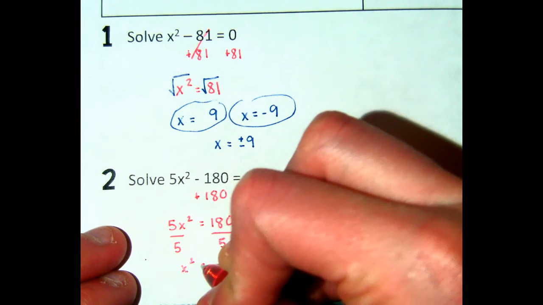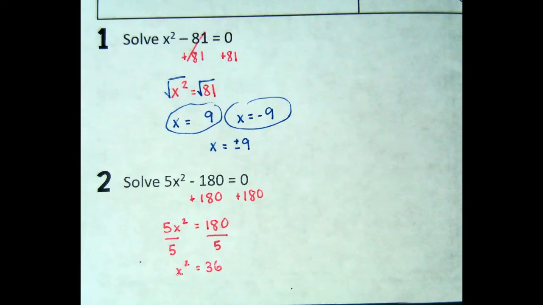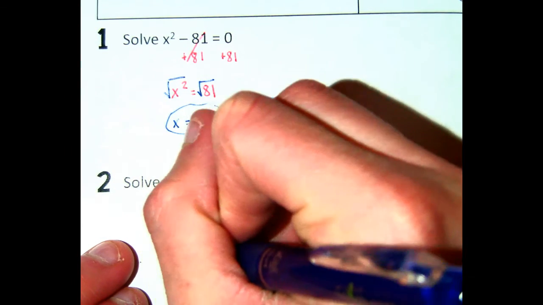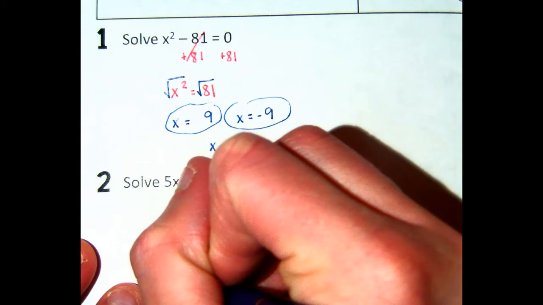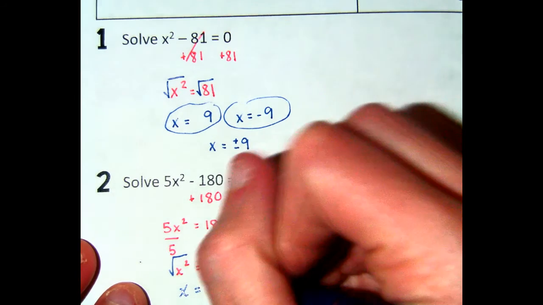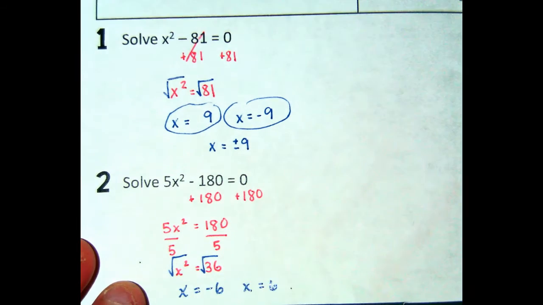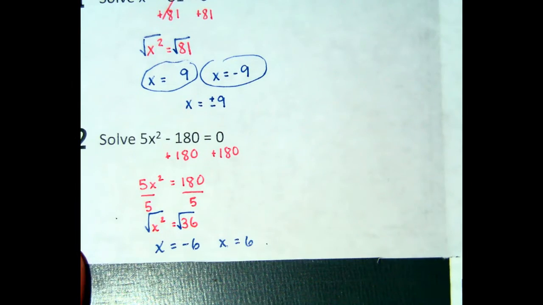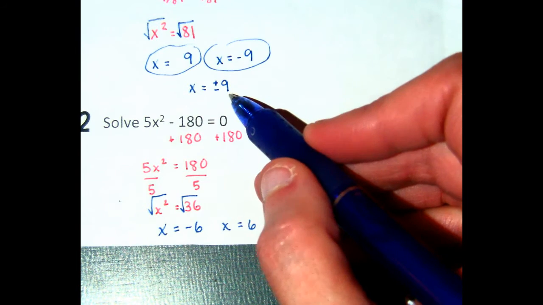X squared equals 36, and then do what? What is the square root of 36? And I need to write x equals positive 6, x equals negative 6. Write them both. You can use the little shortcut if you want to.